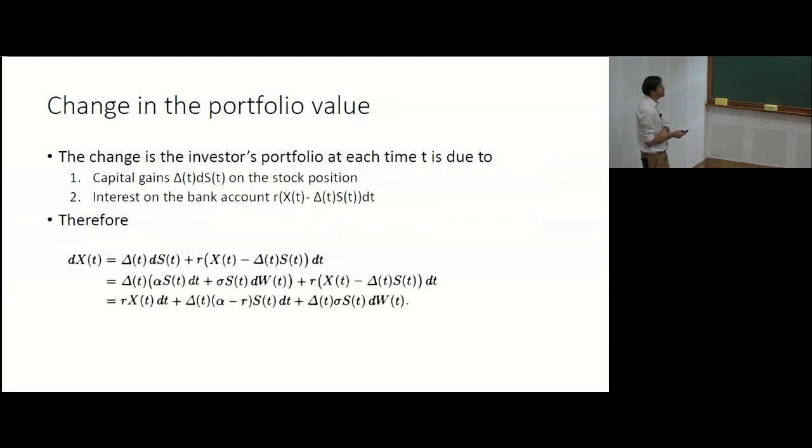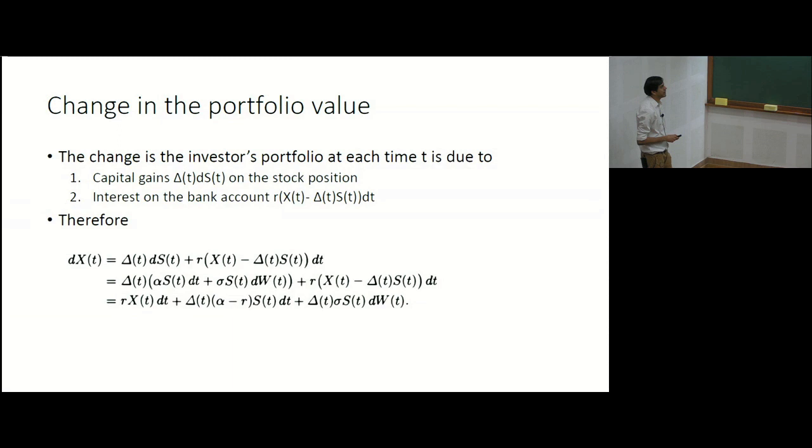So in a small time interval dt, your combined portfolio, which has a stock component and money deposited in the bank account, will change like this, right? So this Δ_t S_t will change because the stock price has changed, right? So the stock price has changed in the small time interval, and that change is given as dS_t.